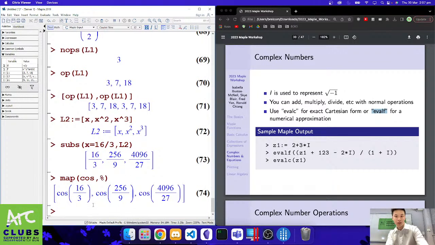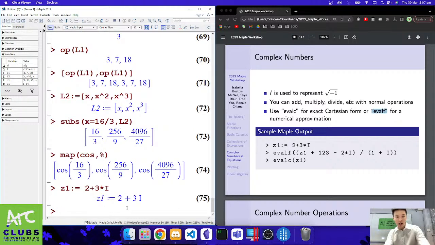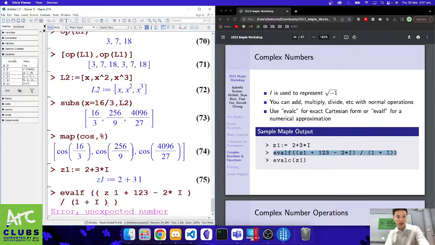Okay, so let's assign Z1 to equal 2 plus 3 times I. And if we copy out this function, eval-F, Z1.